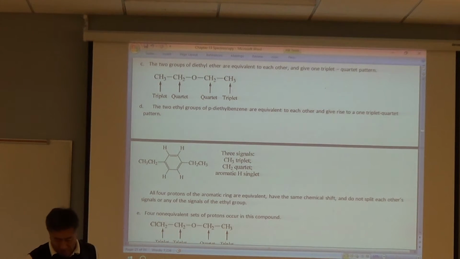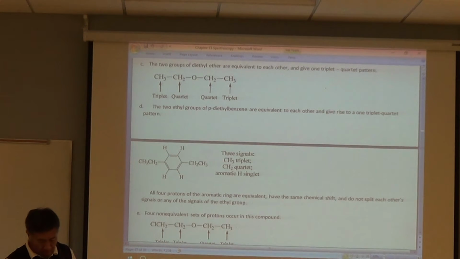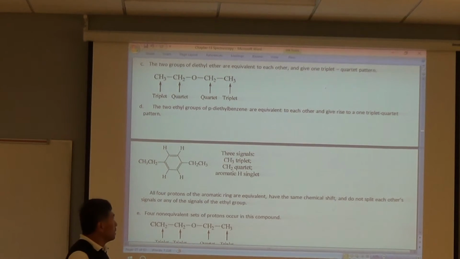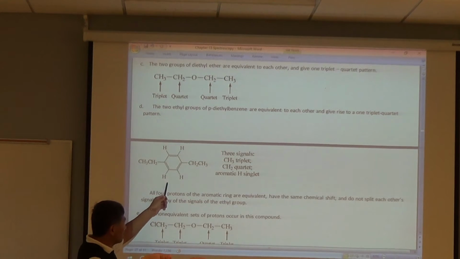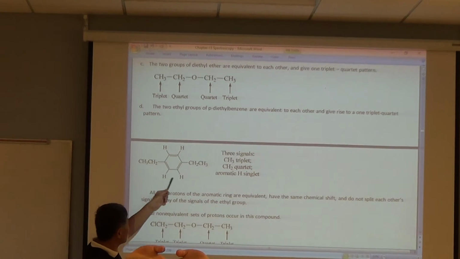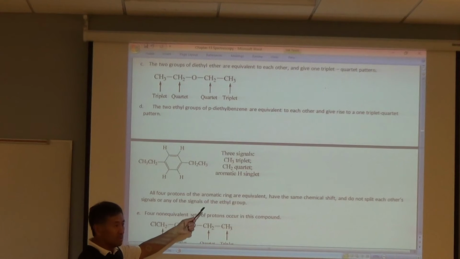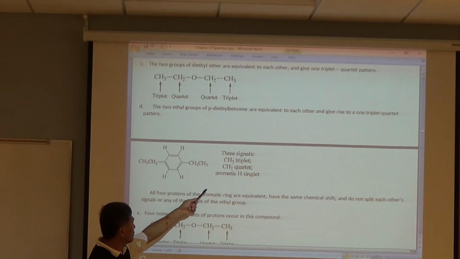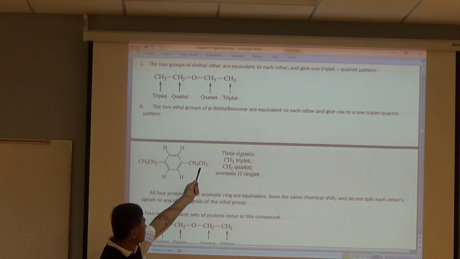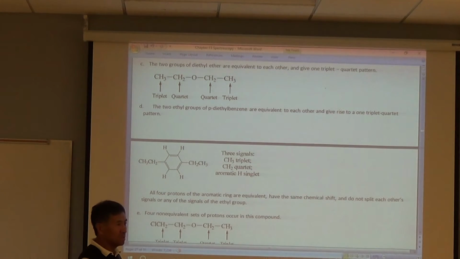Then why were those aromatic H not split in those 2 atoms? Why will this H not really influence the 2 atoms?